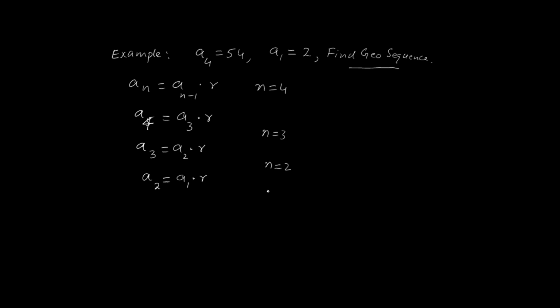And now we have this value and we have this one. Okay, so put over here first the value of a4. So 54 is equal to a3 multiply r.